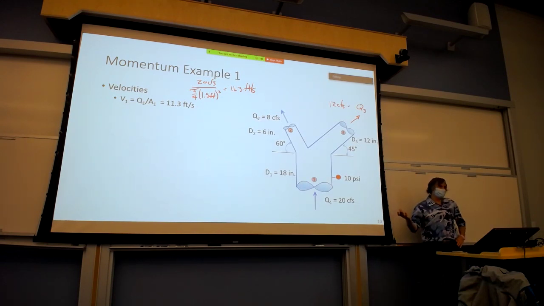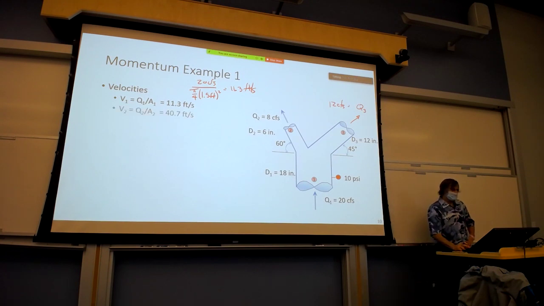So I don't think I need to bore you with continuity now, but we're doing the same thing at location 2 and 3. We know the discharge, we know the pipe diameters. At location 2, the pipe diameter is 6 inches, the discharge is 8 cubic feet per second, and we get a very high velocity of 40.7 feet per second.